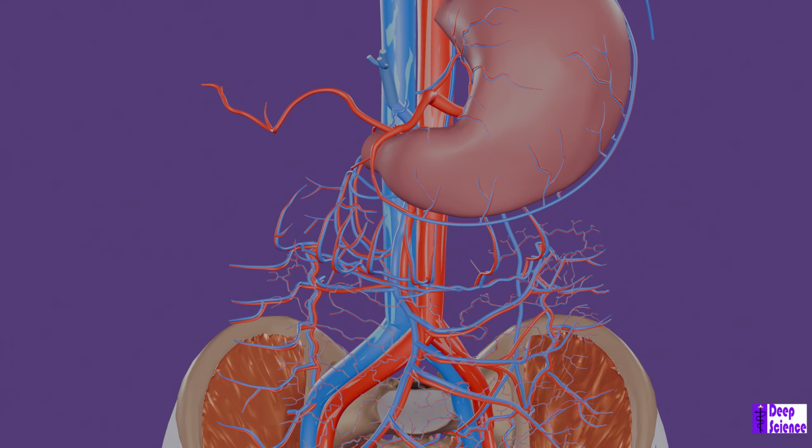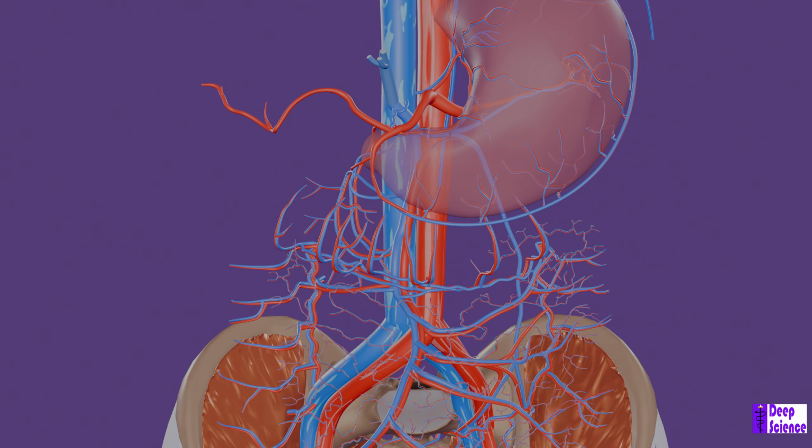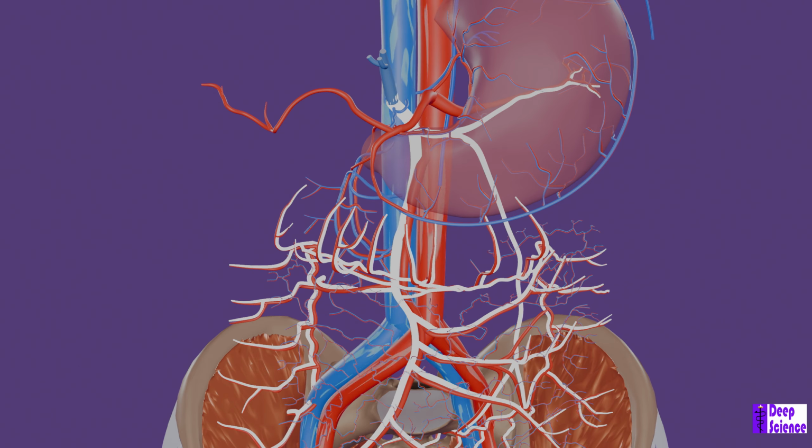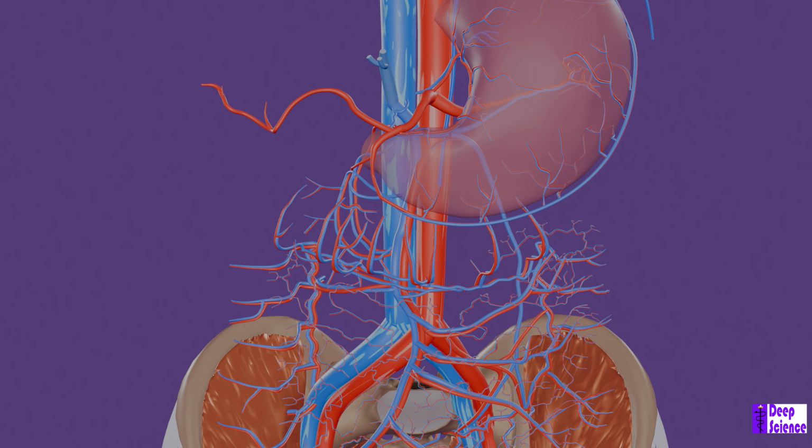All blood from the small and large intestines, stomach, pancreas, and spleen does not go directly to the vena cava. This blood collects into the hepatic portal vein and goes to the liver first.